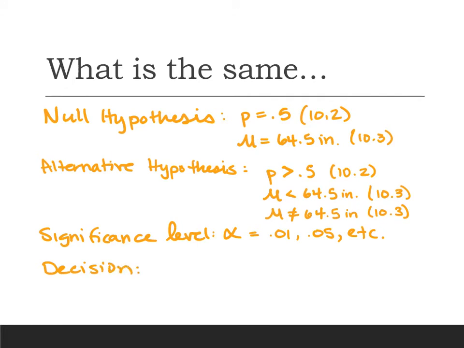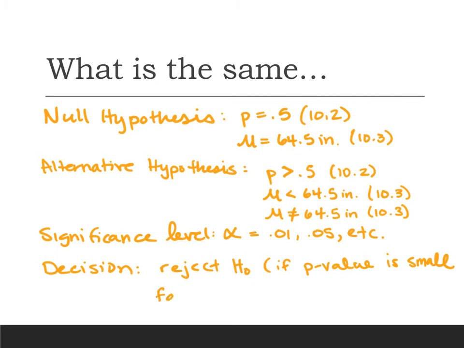So remember, we had two decisions we could make. We could reject the null as long as our p-value is small, or we could, I'm not going to be able to close that parentheses, I've got stuff in the way. Oh well.